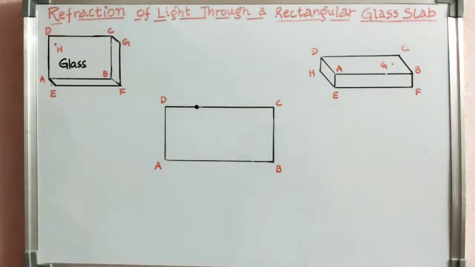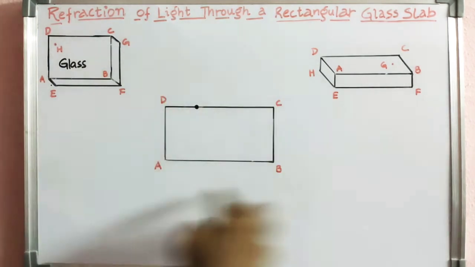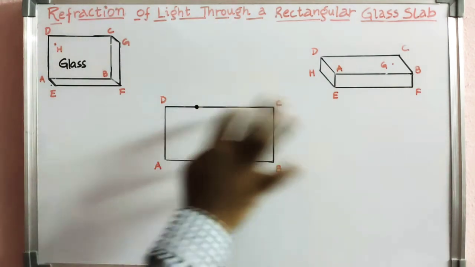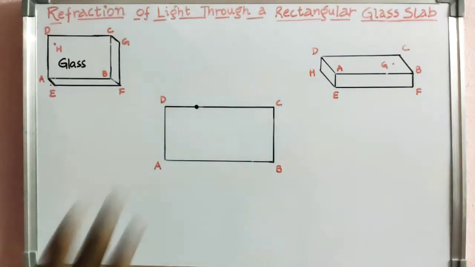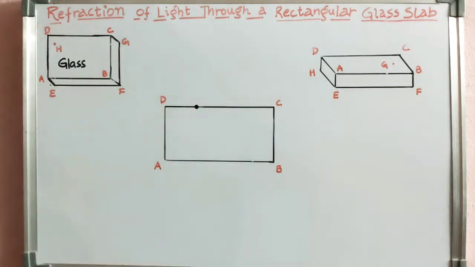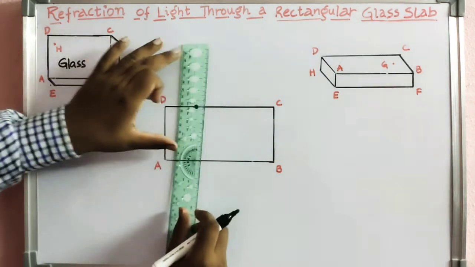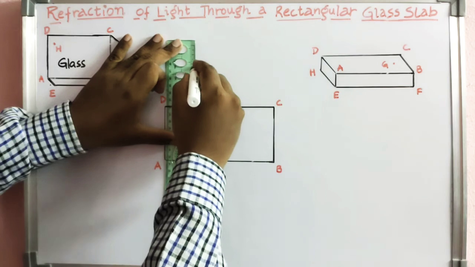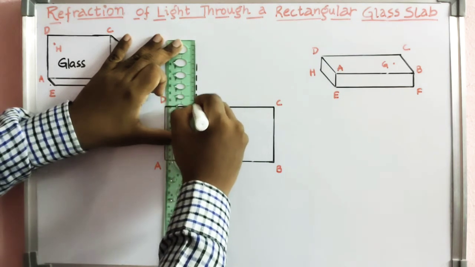Now the glass slab is taken out. What do you have? You have a boundary and you have named it A, B, C, D, right? On the side CD, you have chosen a point, your wish, but I suggest you take it a little bit towards the left. At that point, with the help of a protractor, scale and pencil, draw a perpendicular line.